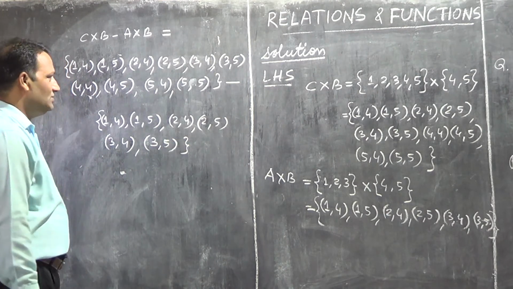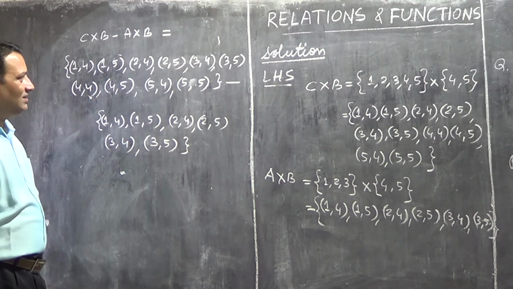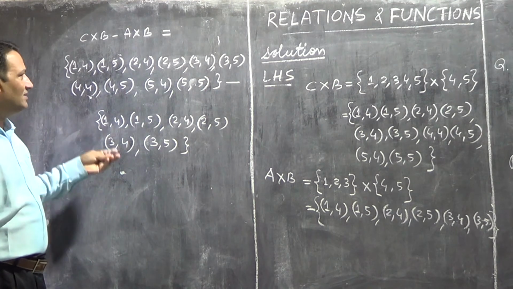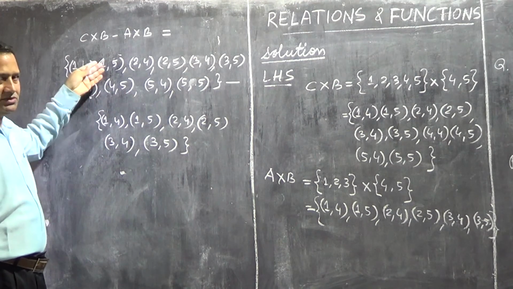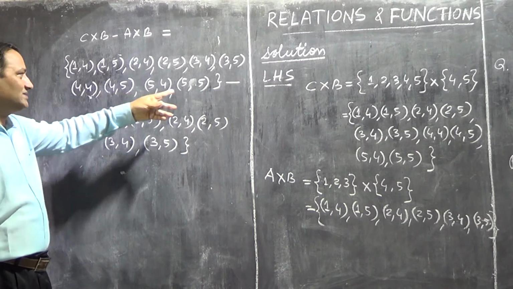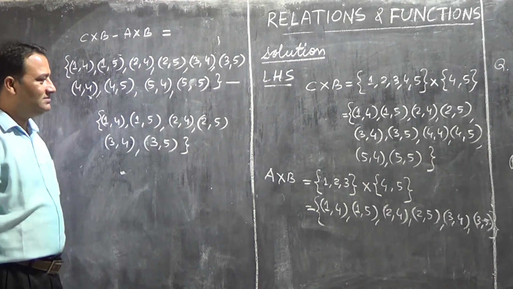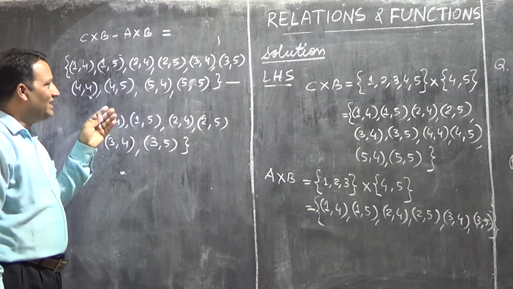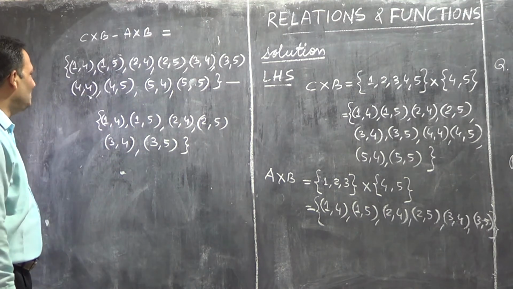So here what to do, children? You cancel all the ordered pairs which are present in both. When we perform the subtraction operation, we cancel all the elements which are common to both.